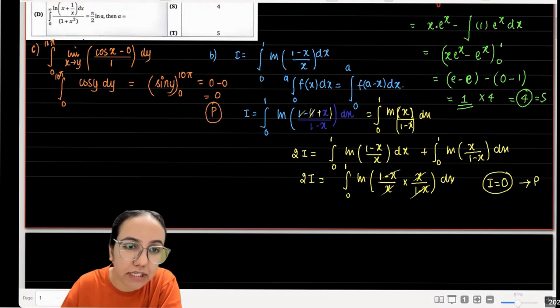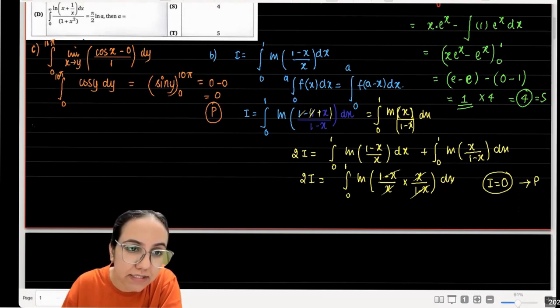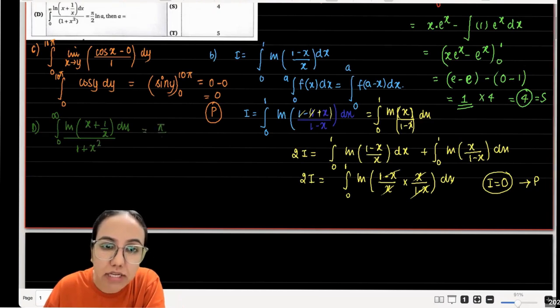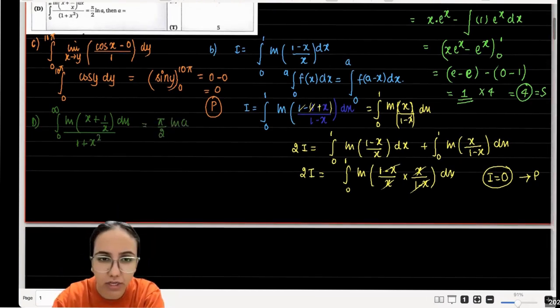So what we have to integrate is D. This is the integration from 0 to infinity of ln of (x plus 1 over x) dx, and in the denominator you have 1 plus x squared. It is equal to pi by 2 ln a. Now, how are you going to solve this?